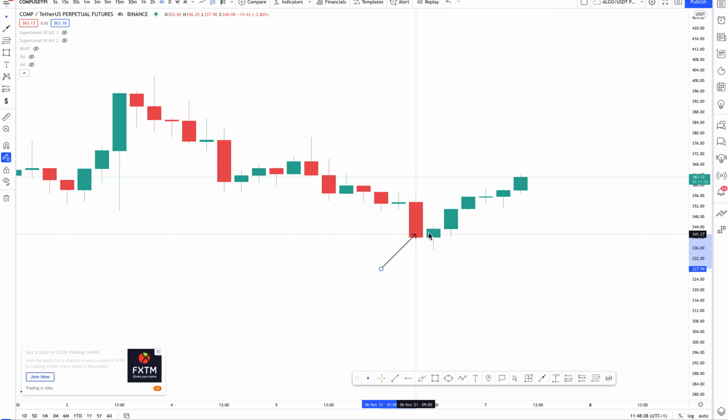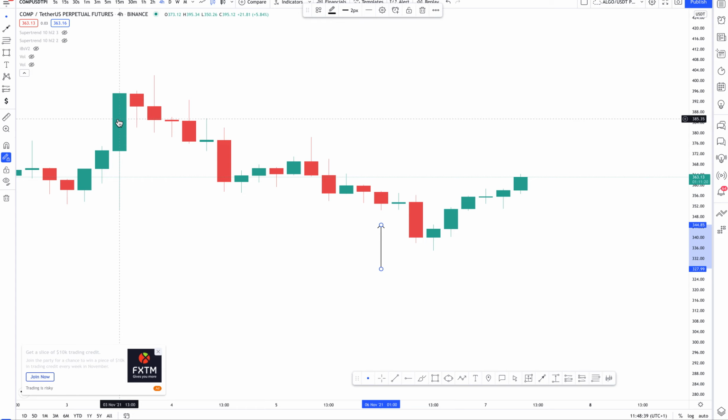This other candle is 4 hours, this other candle 4 hours, irrespective of how long or how short it is. Each of them is a complete 4-hour candle. Each individual candle represents a 4-hour move. The higher the time frame, the more time each candle represents.